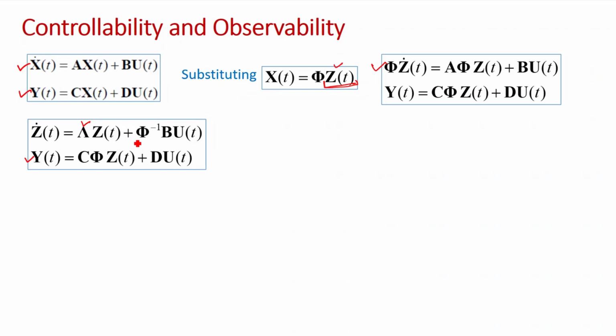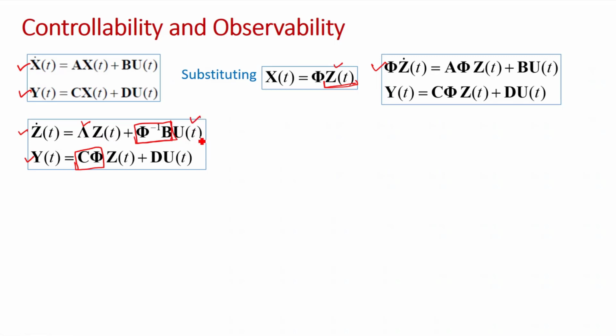So now if we see this equation, this phi inverse B and C phi play a very important role in the observability and controllability of the system corresponding to each of the modes, right? So this is the new state space model corresponding to each of the modes, right? z dot t equal to the diagonal matrix z t plus phi inverse B u t, right?